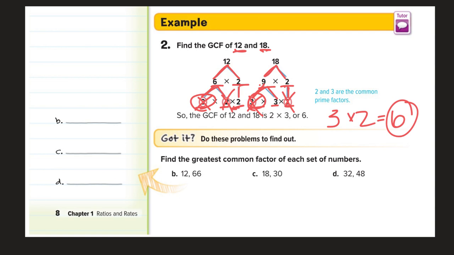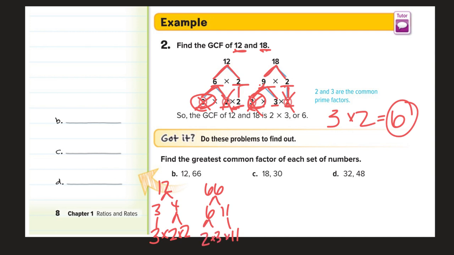Okay, so let's try doing that for these. So for 12, B12, I can do 3 and 4. 3 is prime. 4 breaks down into 2 times 2. And 66, I can do, well, 6 times 11. 11's prime. 6 is 2 and 3.